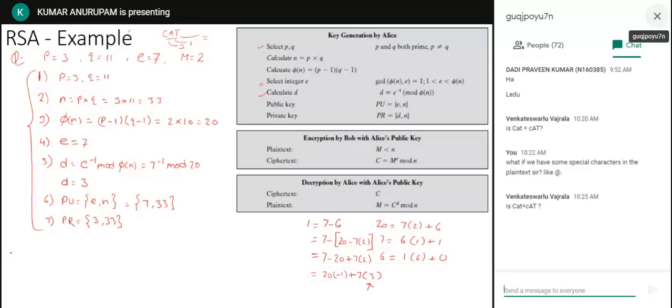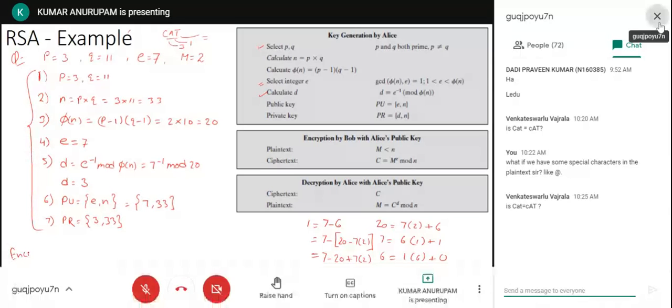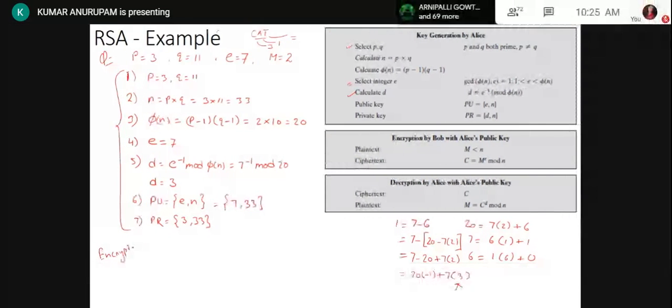Now coming to encryption, how to encrypt. Encryption is very simple. We have to see first what is m value. M value is 2. As you can see, 2 is lesser than n. 2 is less than 33, so easily we can do. So how to do the encryption? C is written as m to the power e mod of n.